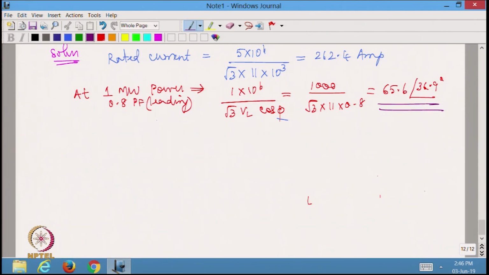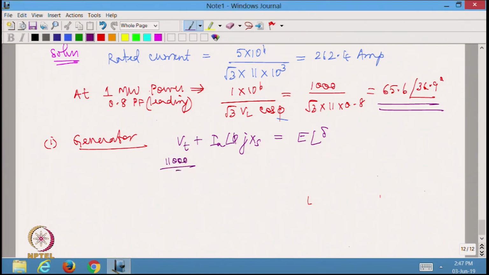Okay. So, when this is functioning as a generator, I have to write Vt plus Ia angle phi multiplied by jXs will give me E angle delta. Please note, Vt, because it is star connected, I have to write 11,000 divided by root 3.